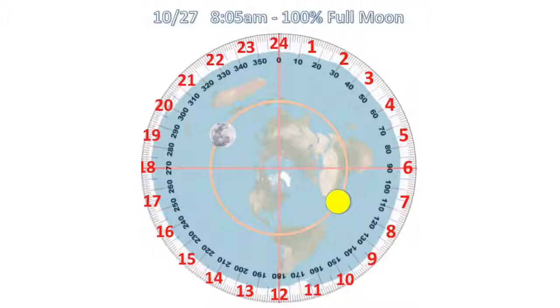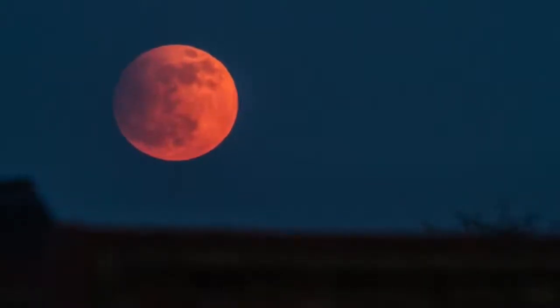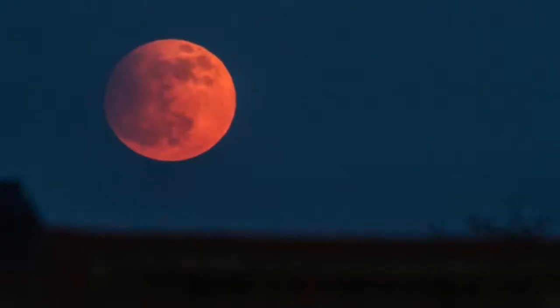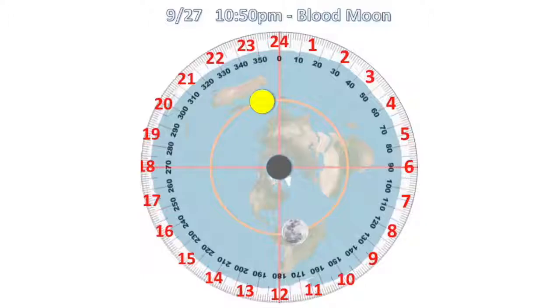Now, the positions of the sun and moon relative to each other in the sky cause the lunar phases, but this does not cause the lunar eclipse that we saw last month. The sun and the moon were in the exact same positions relative to each other that they are during every single full moon. Nothing different happened last month during the lunar eclipse. The only logical explanation that I could come up with is that last month, a third celestial body came down and crossed over the North Pole.